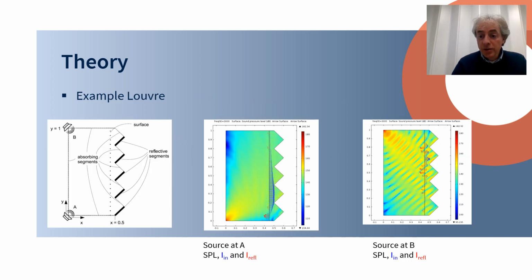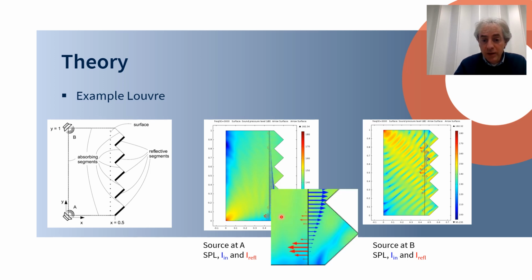So when we go back to the example I showed before, you see the sound pressure levels here when the source is at A, and here you see the sound pressure levels if the source is at B. And in addition, you see the incident intensity based on the local plane wave method.